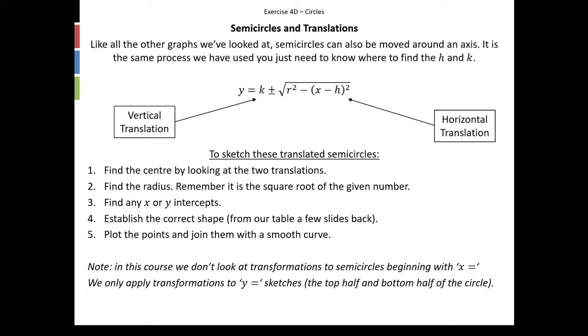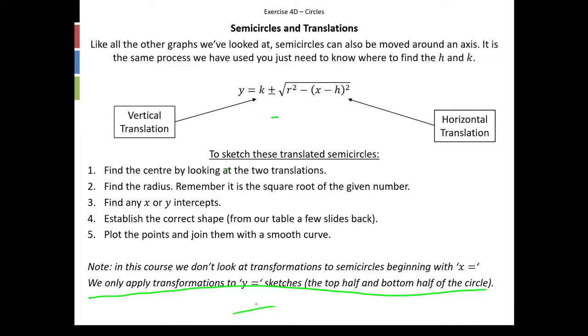Like all the other graphs we've looked at, semicircles we can also translate. They can be moved around the axis. Same process we've used. We have an H and we just need to find it. Before I go any further, I'm going to jump to the note down the bottom here. We only deal with transformations of Y equals semicircles.